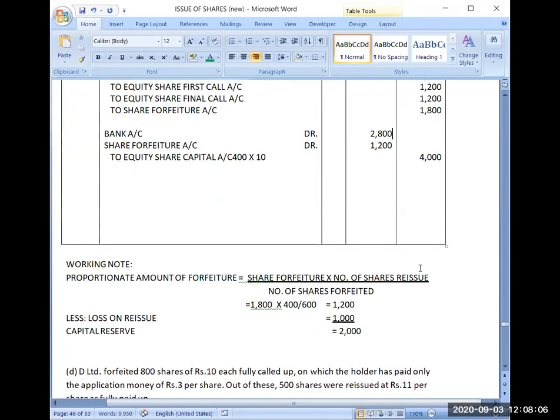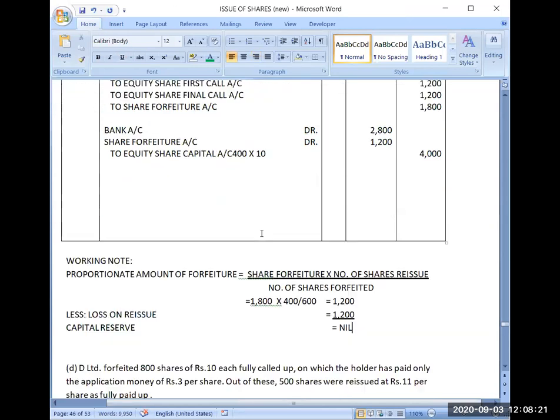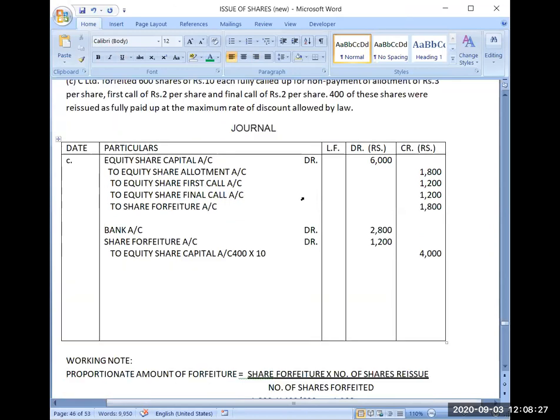And now we can calculate the capital reserve. The loss on reissue is also 1,200. So the capital reserve will be nil, because we have used all the amount. So that's why now we will not be doing any capital reserve entry. Again, I am repeating, this discount is clear.